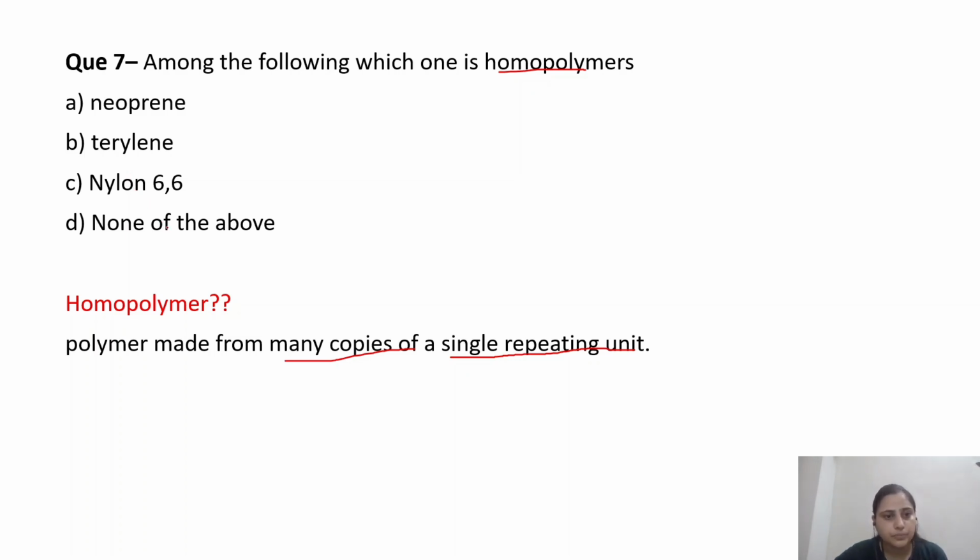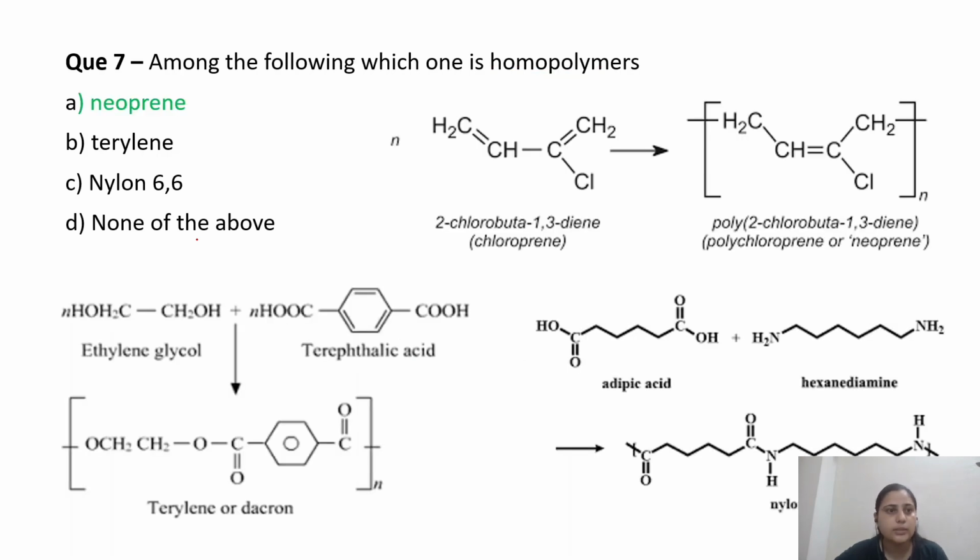So let's discuss the solution. What do you think the answer should be? So let's move to the solution. Option A, neoprene, is the homopolymer, and the others are not homopolymers.